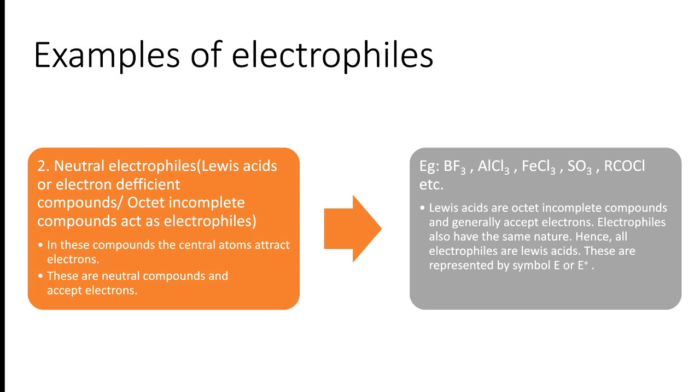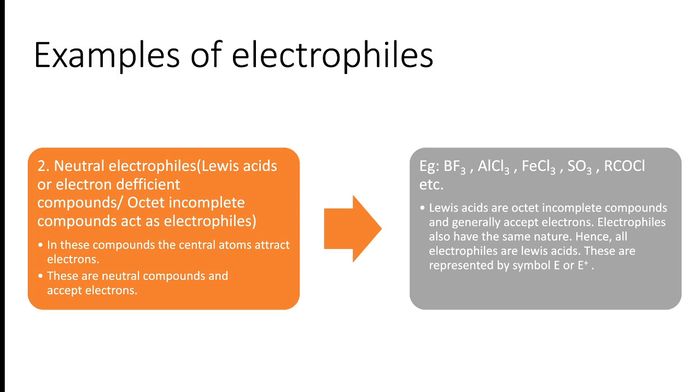We discussed, in these compounds the central atom attracts electrons because it is electron deficient, and these are neutral compounds that accept electrons. Example, here we discussed BF3, AlCl3, FeCl3, SO3, RCOCl, all these are electron deficient compounds because their octet is incomplete in the central atom valence shell.